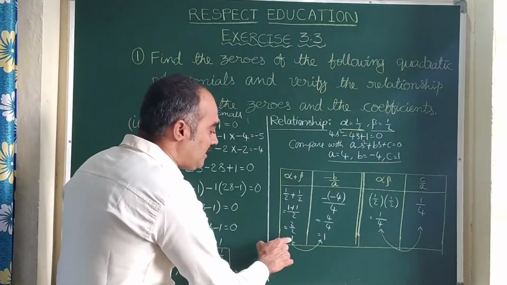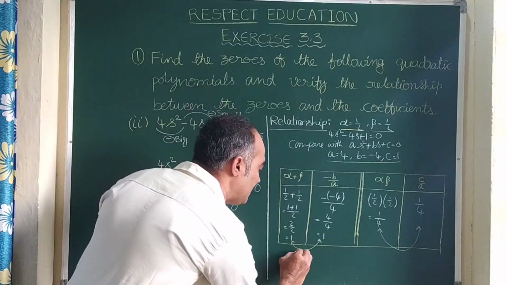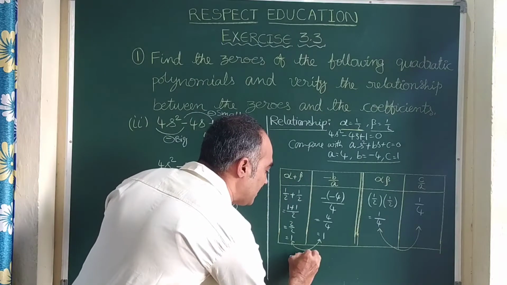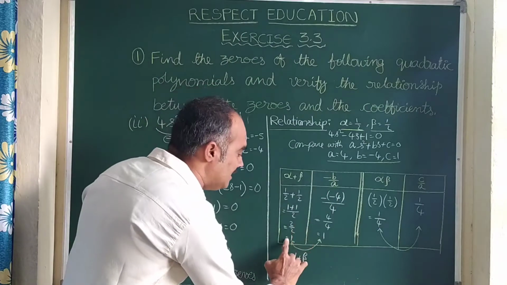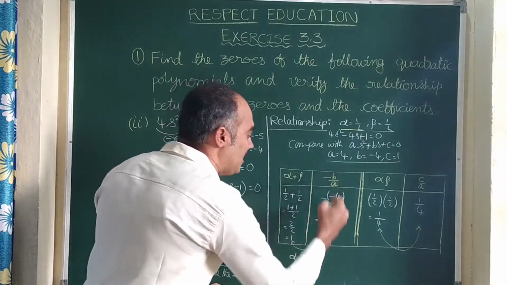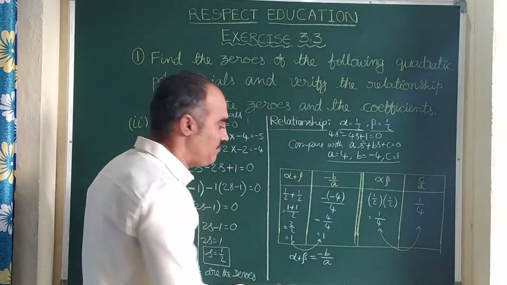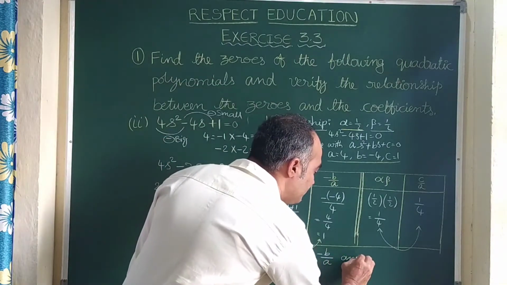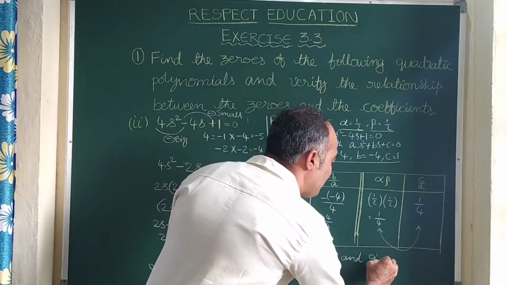Right? What is this one here? This one is nothing but alpha plus beta. So here I am writing alpha plus beta. Here this one is nothing but minus b by a. Since both are equal, I am writing alpha plus beta is equal to minus b by a. Alpha plus beta we got as minus b by a. And this 1 by 4 is nothing but alpha into beta.